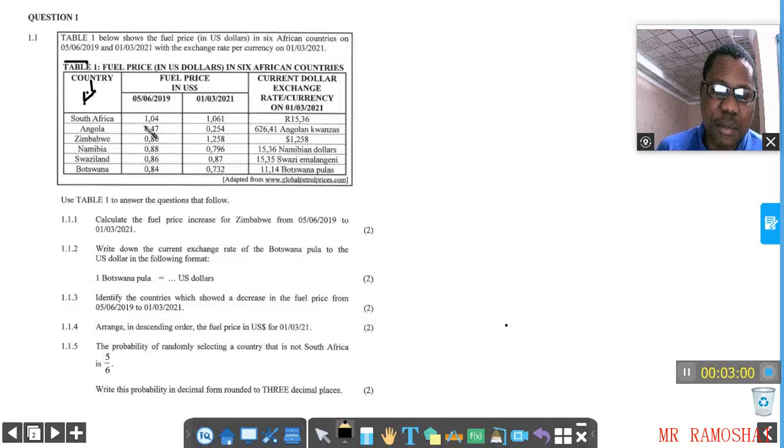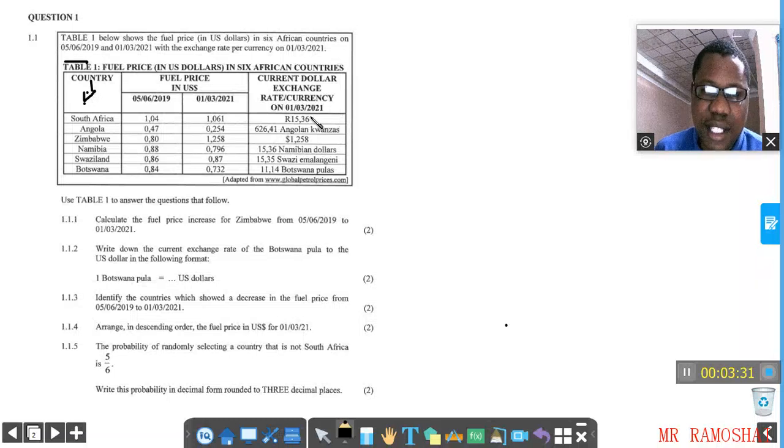So when we read this, it means the fuel price in South Africa on the 5th of June was $1.04, right? Okay, so the same applies to everything here.